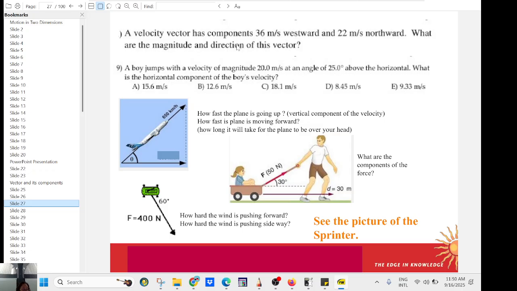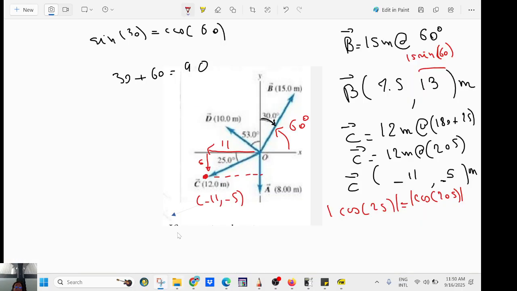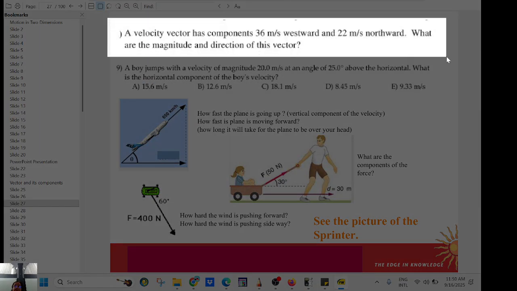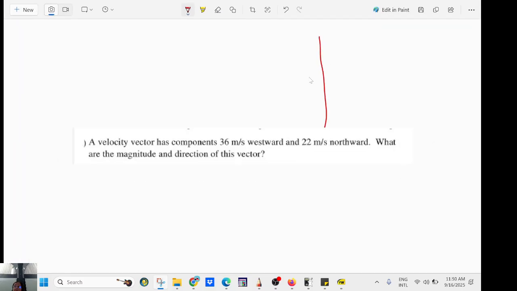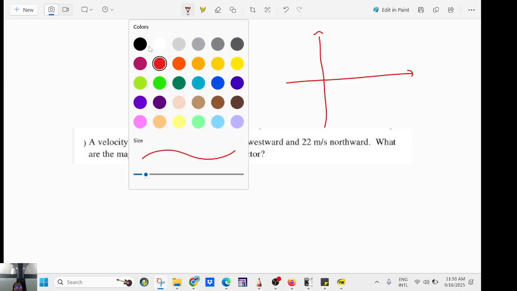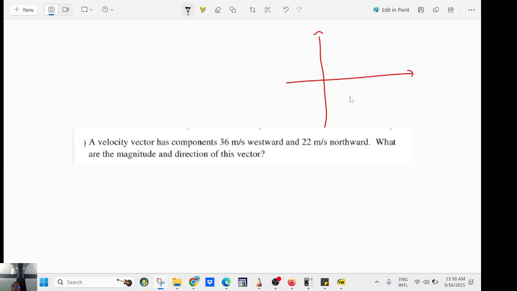Number 1. Quick. Help each other, talk to each other. So the first thing you do is always x and y. And they talk about west and north.